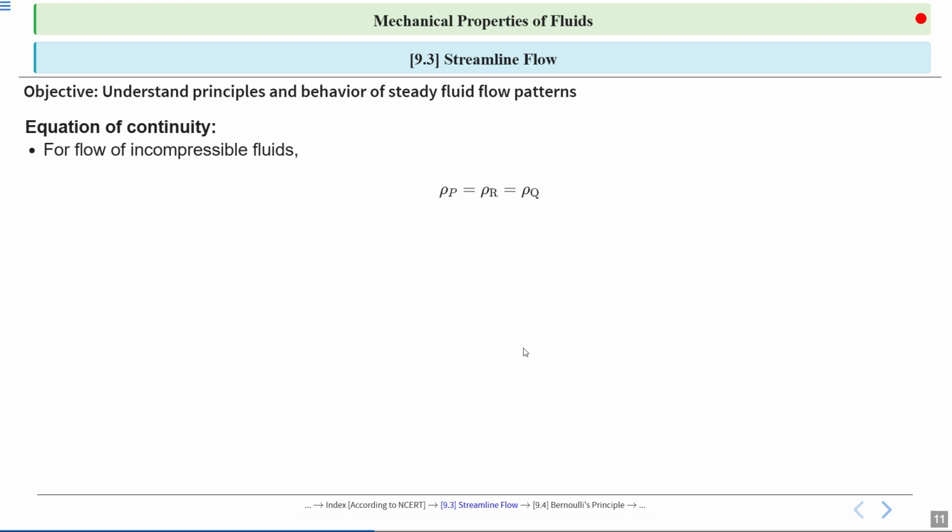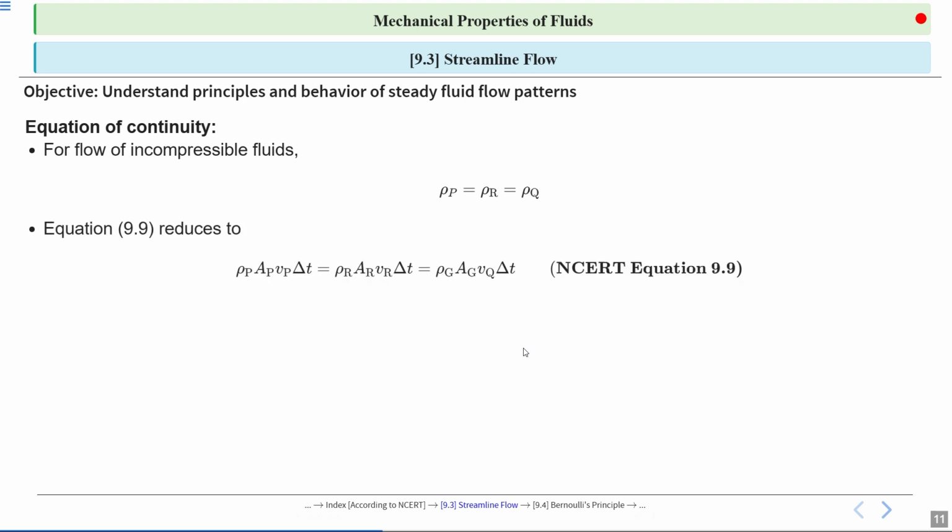Alright. So equation 9.9 reduces to rho_P A_P V_P delta t is equal to rho_R A_R V_R delta t, which is equal to rho_Q A_Q V_Q delta t.